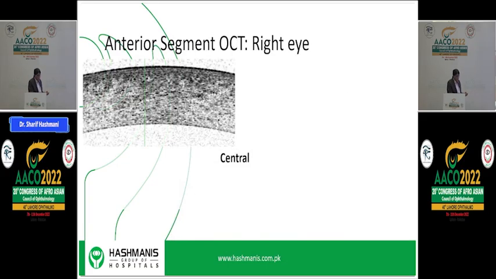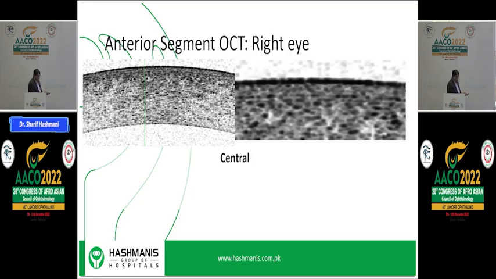On the anterior segment OCT of the right eye, in the central cornea, you can see the stroma here and the epithelium here, but you can see the Bowman membrane is broken, and again here also you can see the broken Bowman membrane.